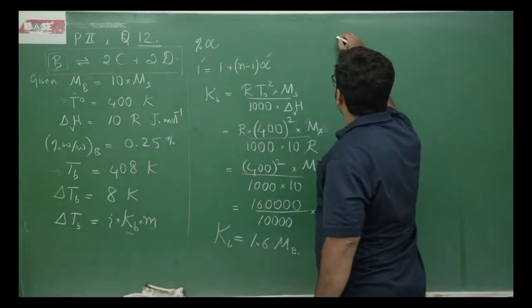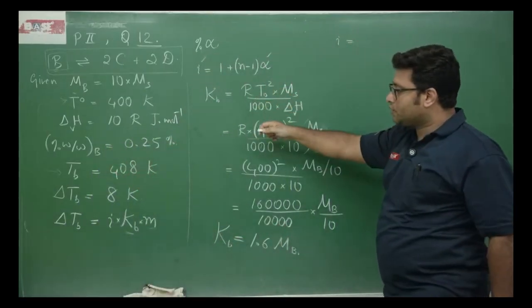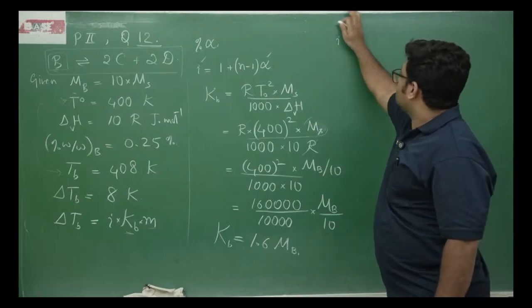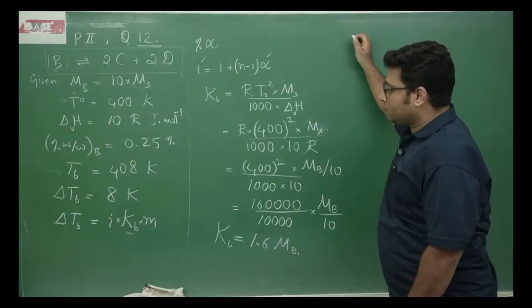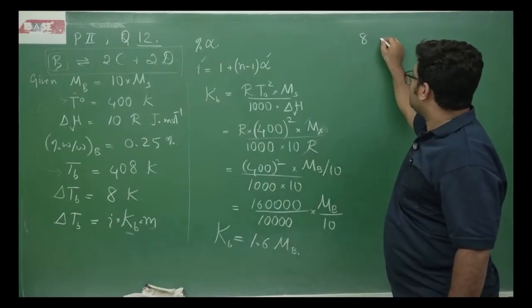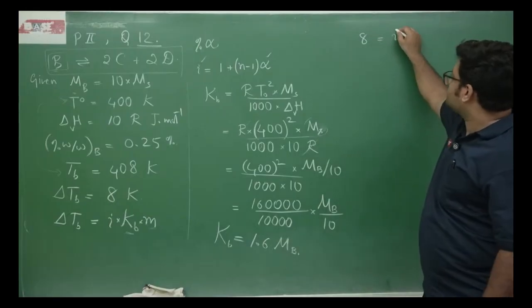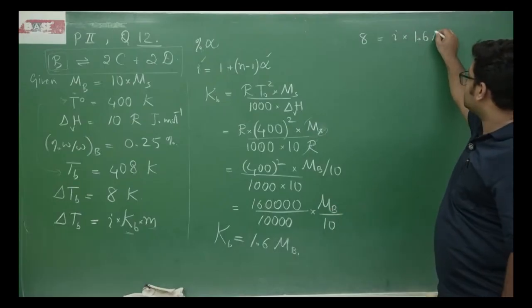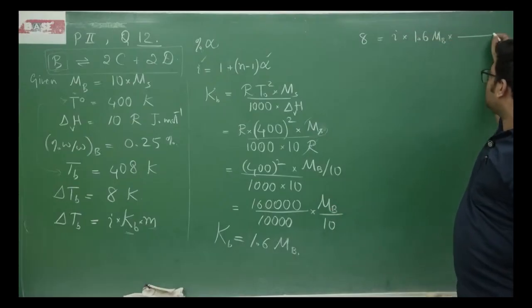Next, the Van 't Hoff factor using the colligative property: 8 Kelvins as elevation in boiling point equals Van 't Hoff factor into ebullioscopic constant, which is 1.6 times molar mass of solute, into molality.